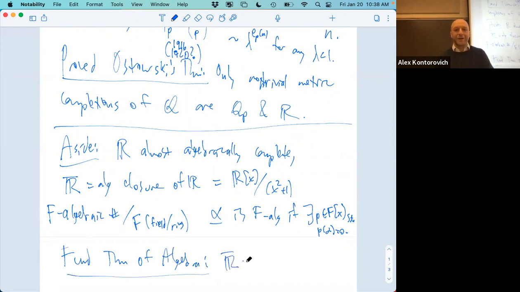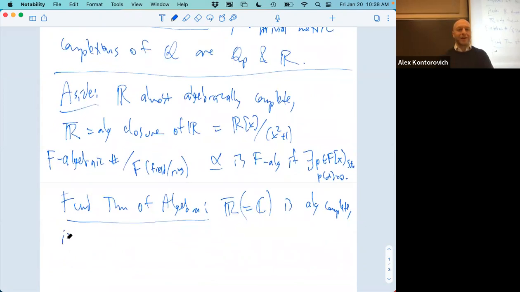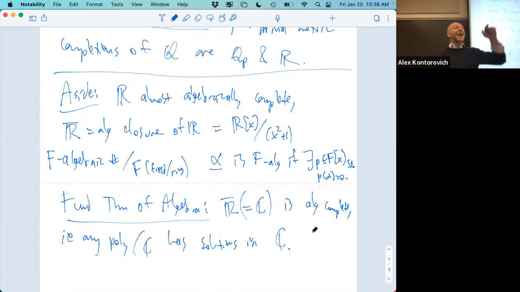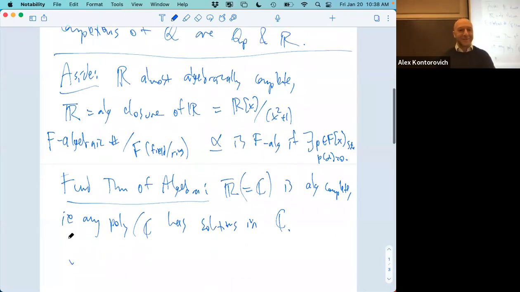R bar, better known as C, is algebraically complete, i.e. any polynomial with coefficients in C has solutions in C. We need a single degree 2 extension of the reals to get something that is algebraically complete, and it's metrically complete also. C is metrically complete. You don't notice that this is some magical miracle until you see what can happen.